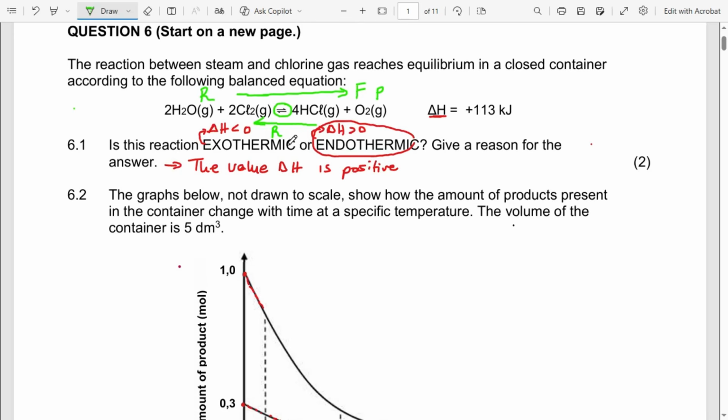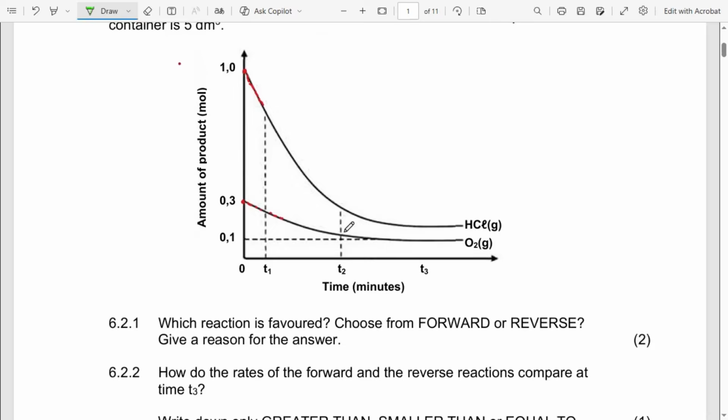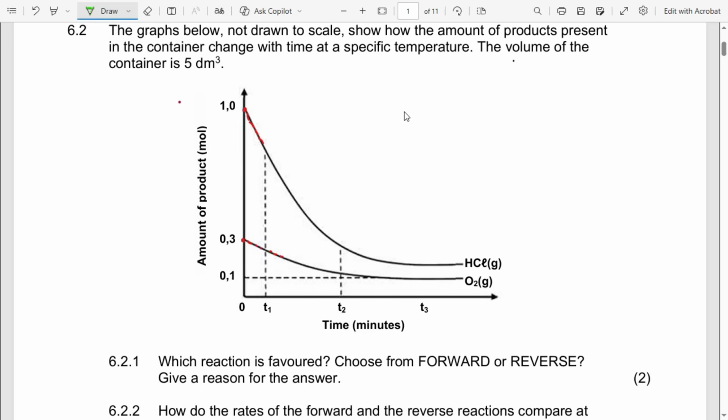When you look at the graph, the products are the ones that are decreasing. Therefore the reverse is the one that is favored, because we are using the products to create more reactants. So the reverse reaction is favored.